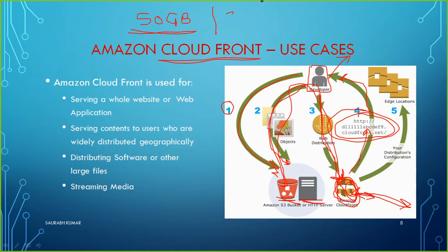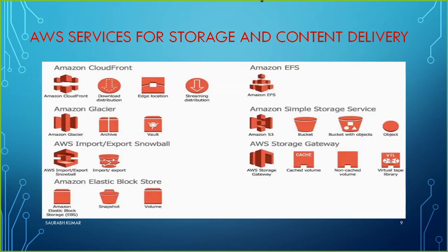Now the next point is we are going to have a look at some icons. If you are reading any book, or doing practice on the management console, you may see this kind of logo there, which represents its name. This logo is for CloudFront, this one is for download distribution, edge location, streaming distribution, archive.